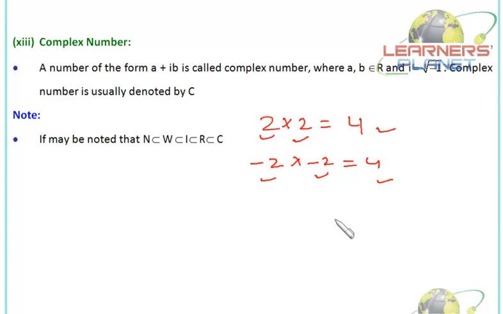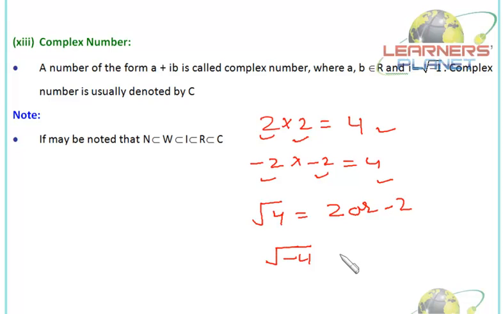Now, if I wish to find the square root of the number 4, I'll be getting either 2 or minus 2. That is, the square root of 4 will be 2 or minus 2. Now, what will be the square root of minus 4? Can I have two numbers which, when multiplied, give minus 4, but the numbers should be the same?